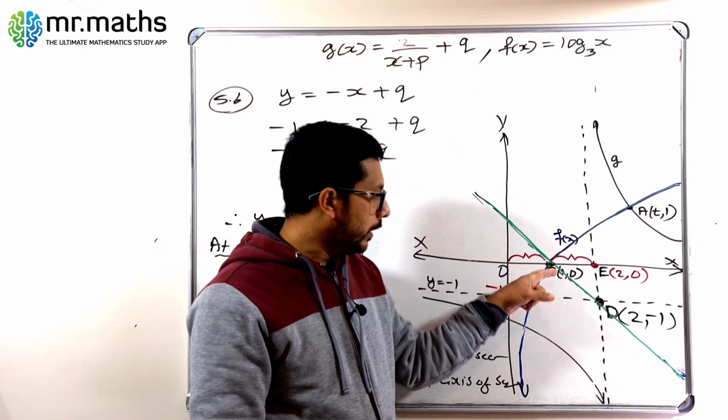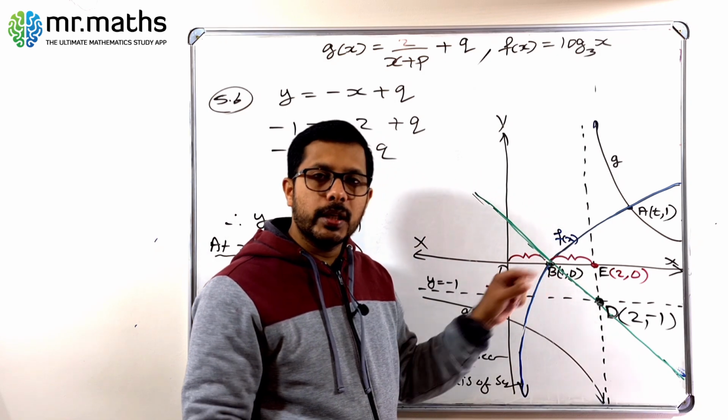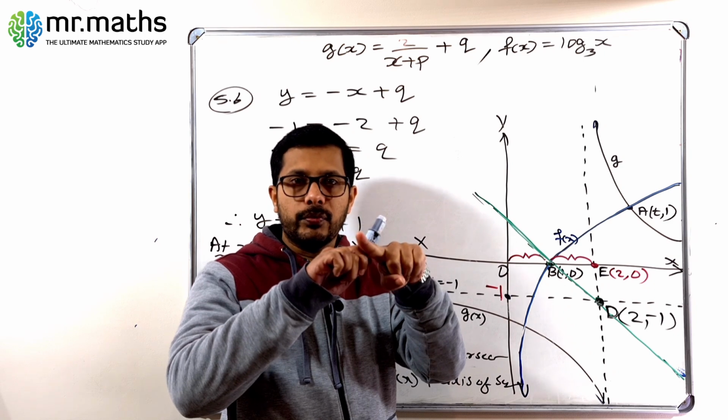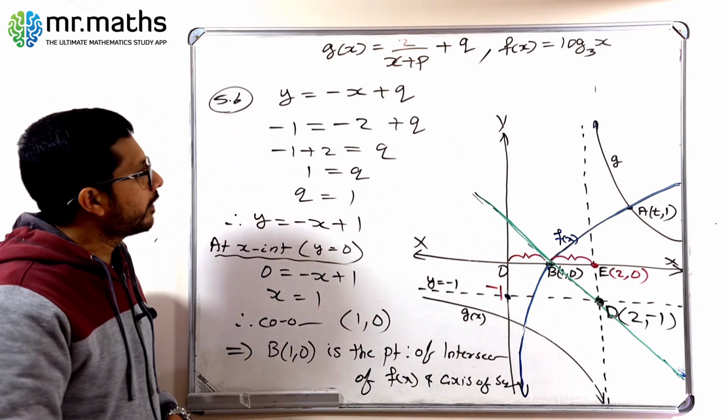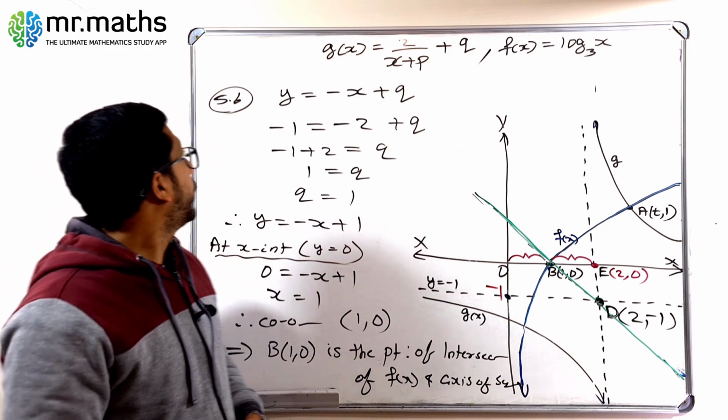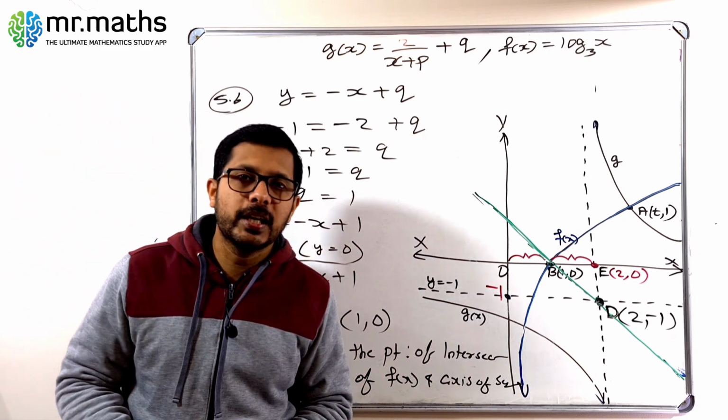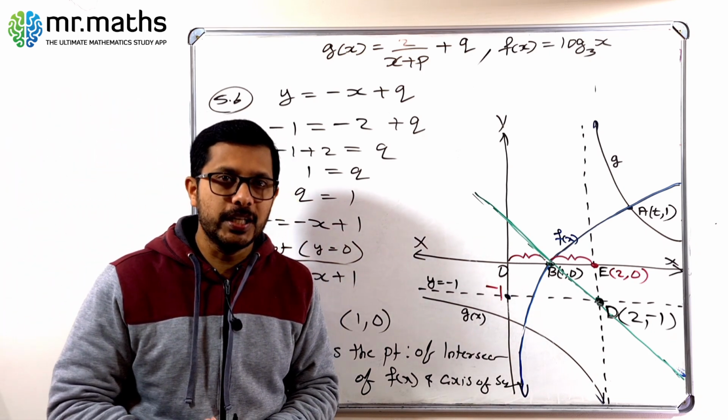So this B (1, 0) is an intersecting point of f(x) and the axis of symmetry. So that is question number 5.6, and that's the end of November 2017.